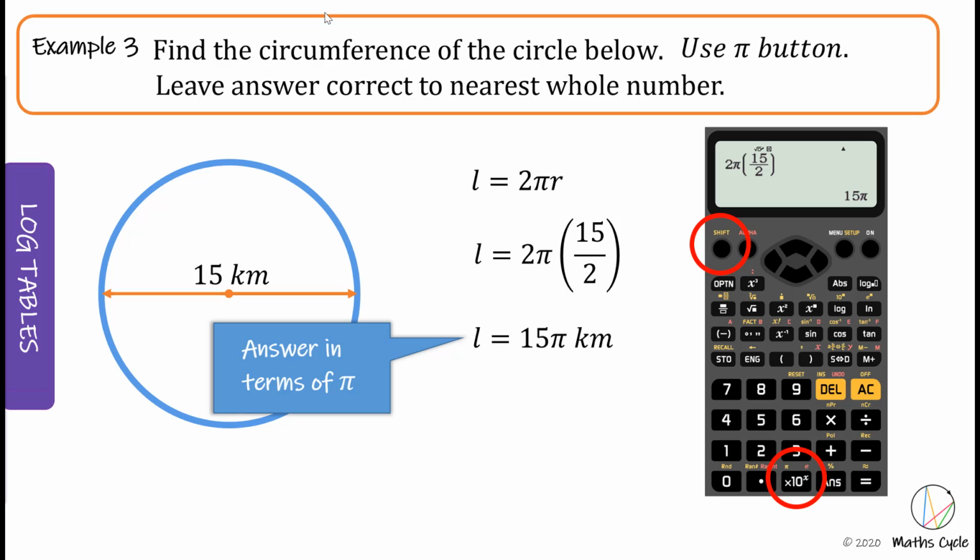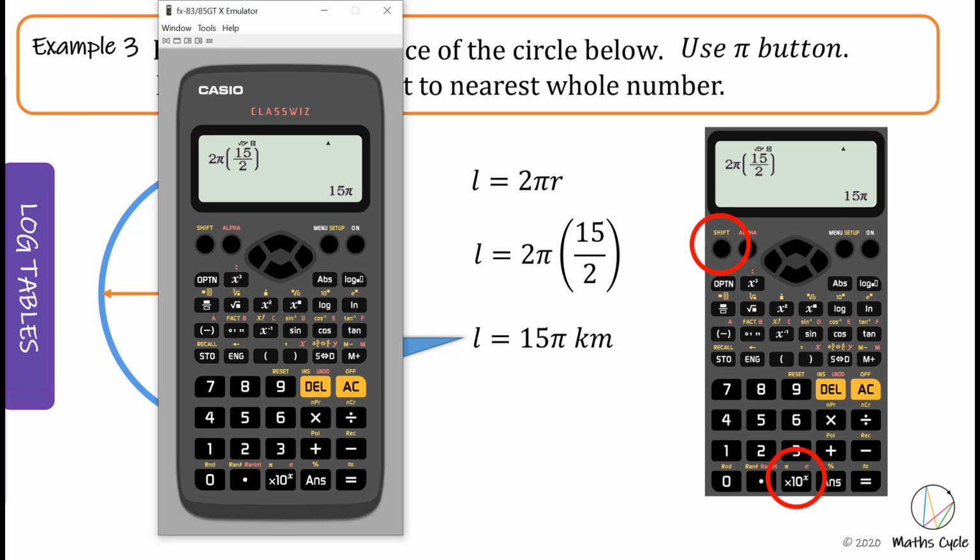But we're not finished yet because we have to give our answer correct to the nearest whole number. So what we need to do now is take our 15 pi and press the SD button, and it will change the pi then into the most accurate form of the number. So it's multiplying it by 3.142, etc. And our answer then is 47.1238898. Now check your question.